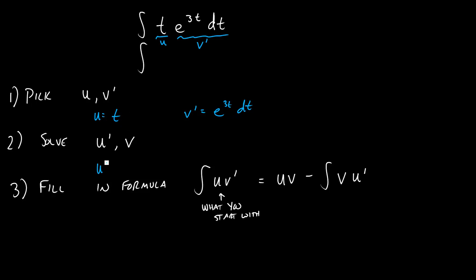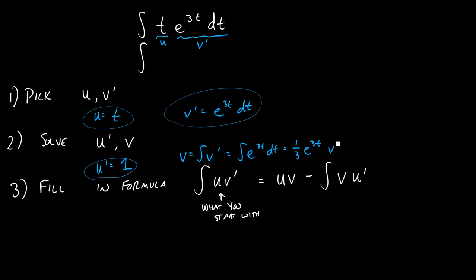So u prime is going to be equal to 1, and v is going to be equal to the integral of v prime, which is the integral of e to the 3t dt, and by our formula from 7.1, this is simply 1/3 e to the 3t. And now you don't even really need to worry about your plus c here.